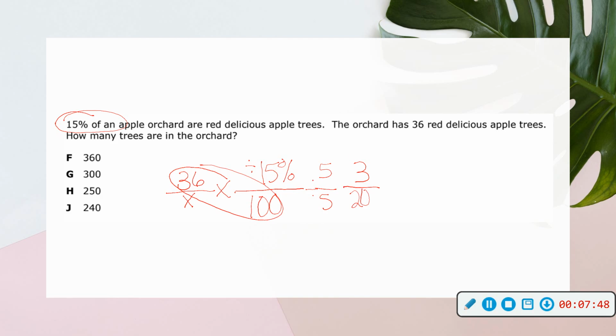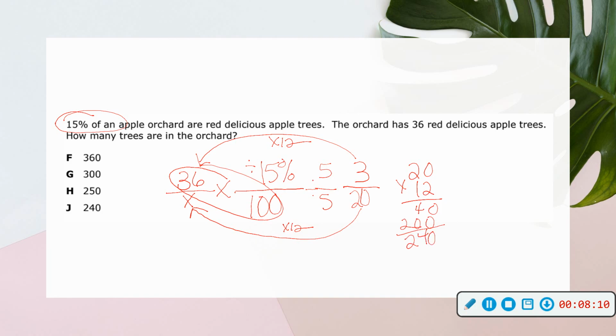And then I see a relationship. So that's another way. So 3 times 12 is going to give me 36. So I will go 20 times 12, 240. So 240 would be my answer, J.